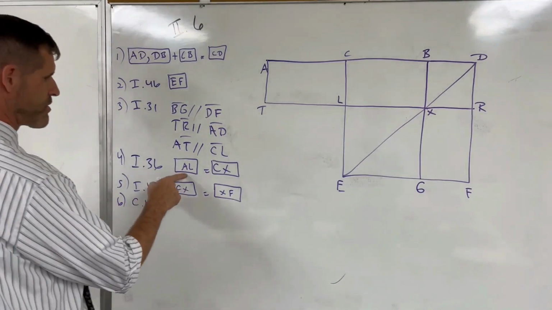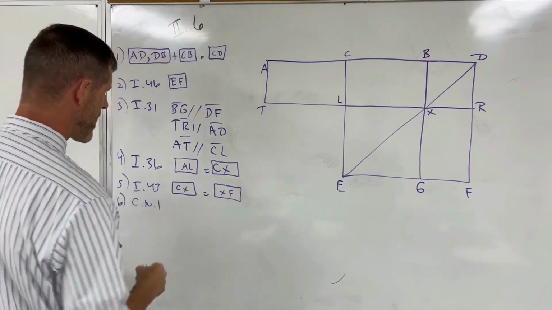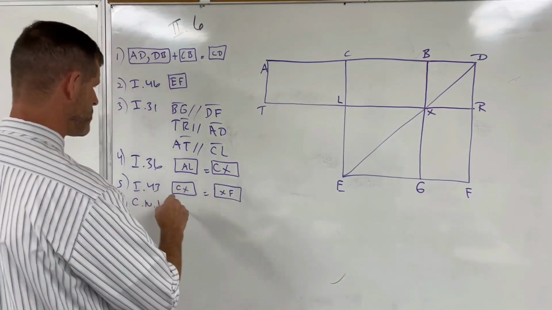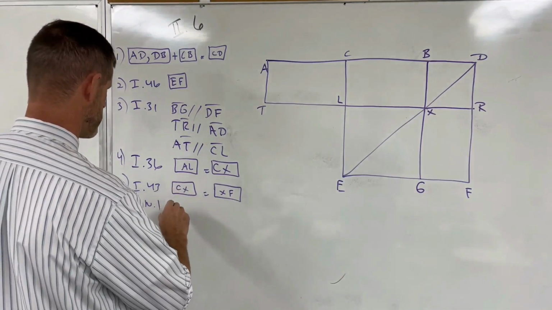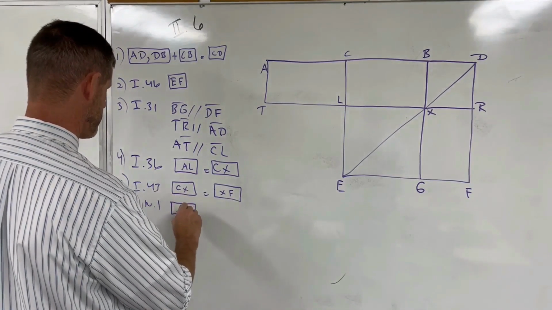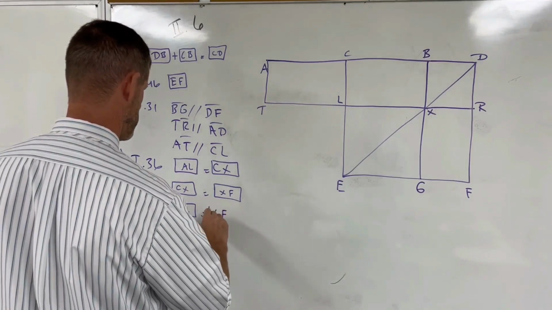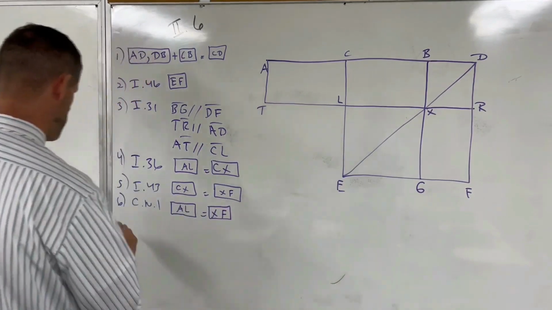Since both AL, the rectangle, and XF, the complement, equal CX, then they must equal each other. Two things equal to the same thing are equal to each other. So AL is equal to rectangle XF.